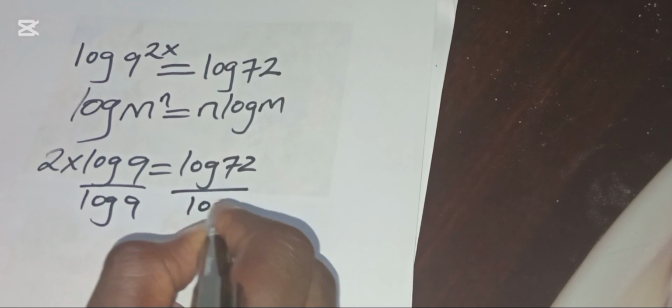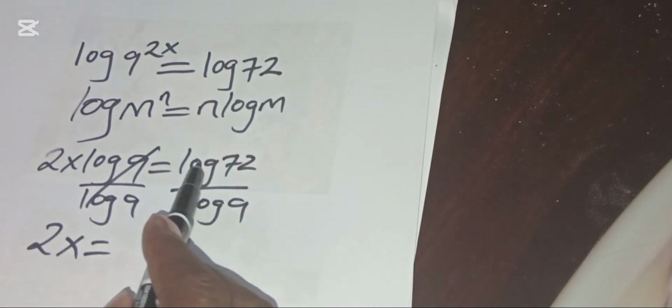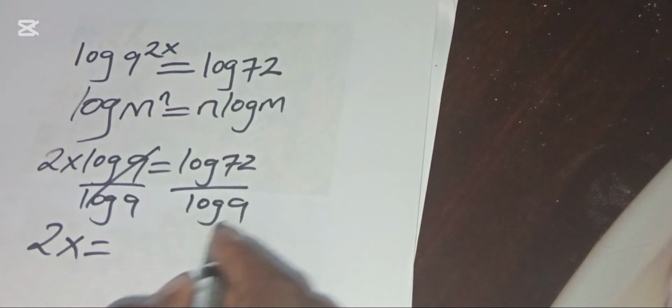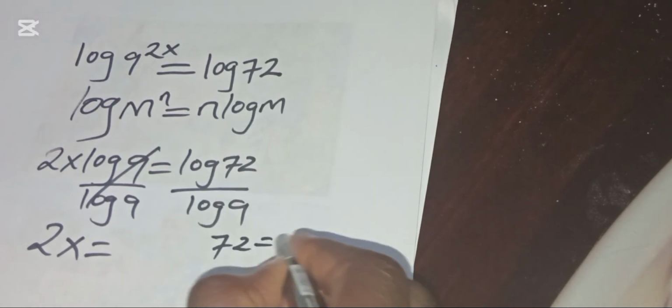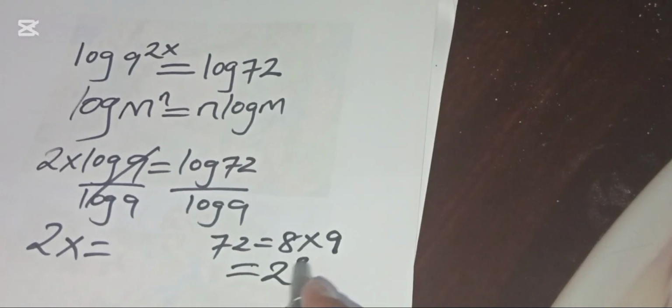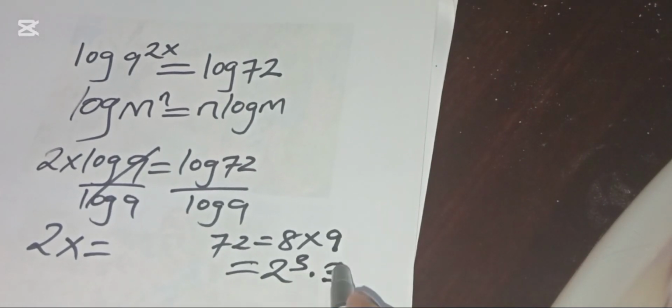Divide both sides by log 9, so that 2x is equal to log 72 over log 9. Now 72 can be expressed as 8 times 9, which is 2 to power 3 multiplied by 3 to power 2.